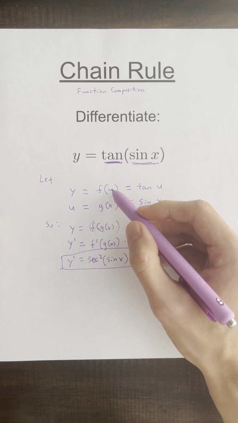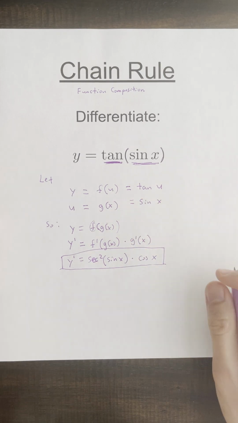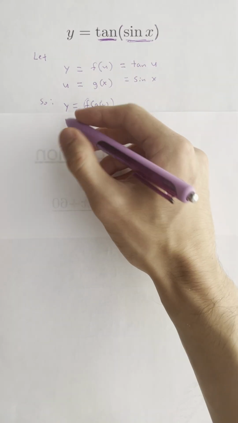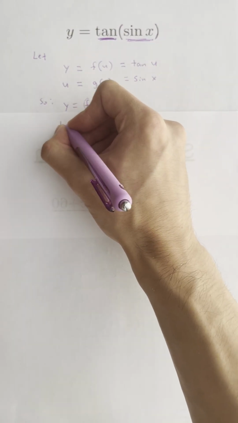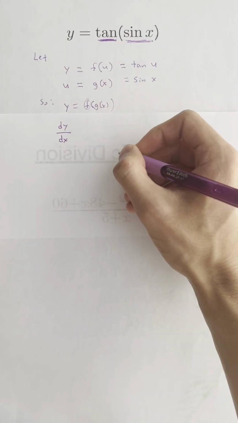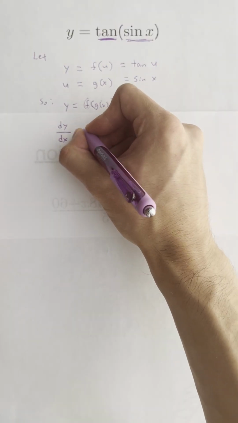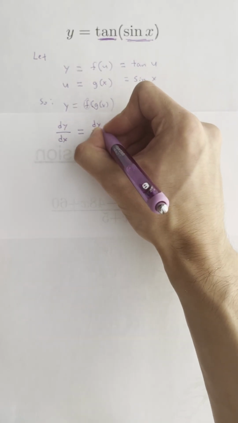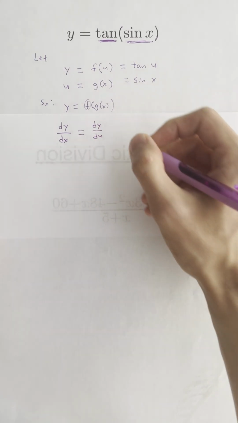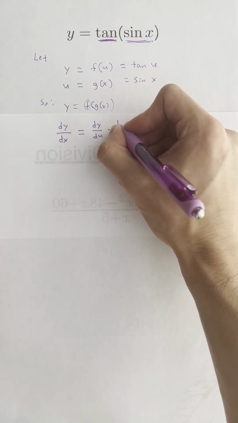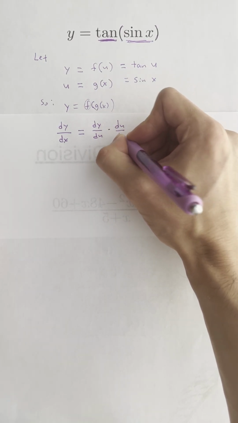Now, follow-up question. Why did I use u and x here? I used u and x because, according to the chain rule, dy/dx is equal to dy/du times du/dx.